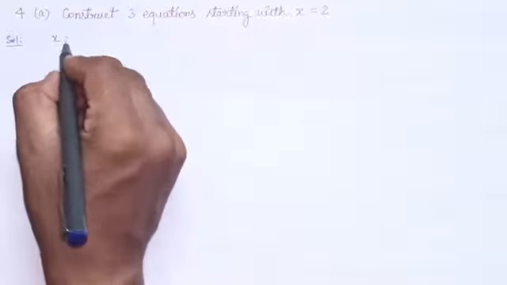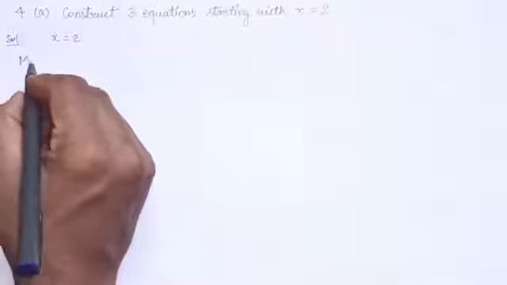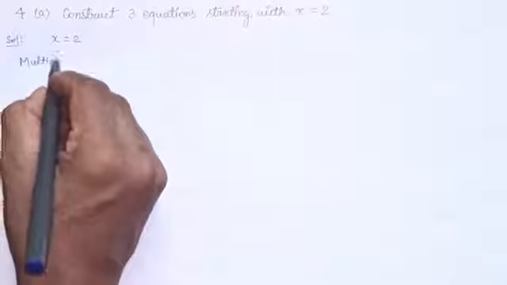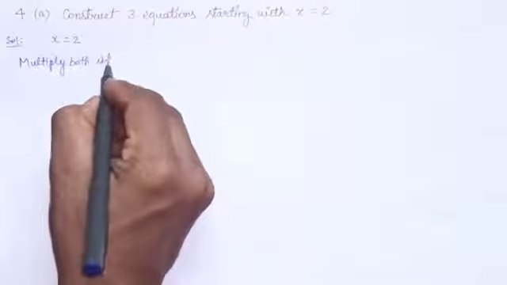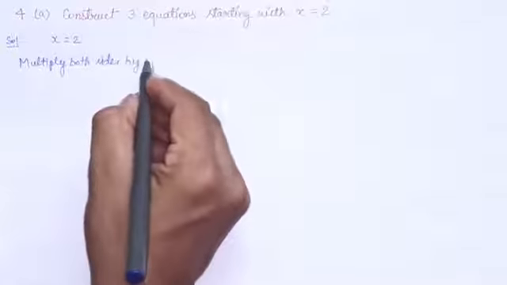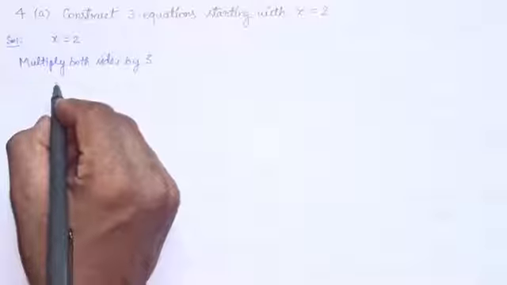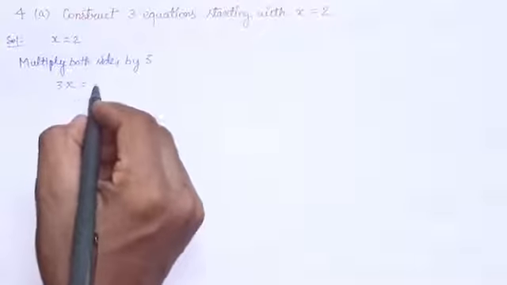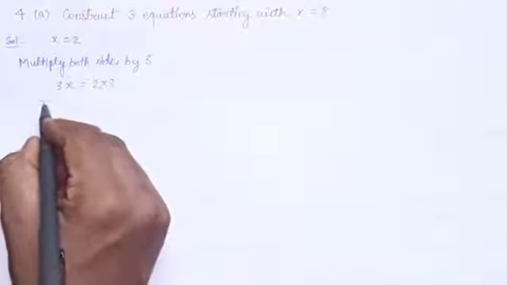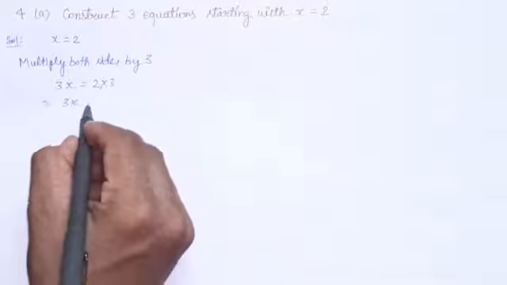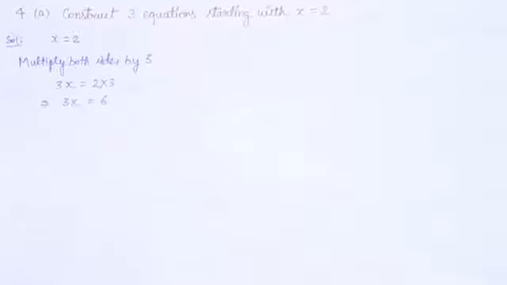So here we are given x equals 2. If we multiply both sides by 3, then what do we get? 3 into x equals 2 into 3. So it implies that 3x equals 6.